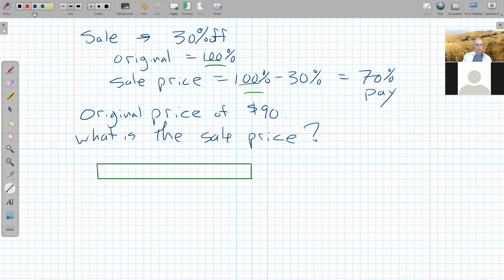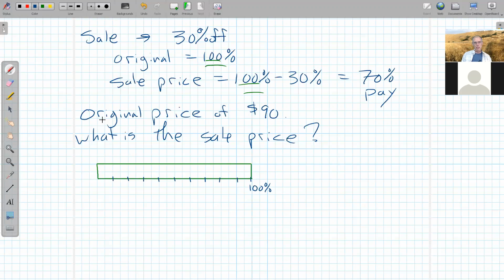If you don't have graph paper, I mentioned this last class, use lined paper and make some kind of ruler if you don't have a ruler either. So 10, 20, 30, 40, 50, 60, 70, 80, 90, 100. Perfect. So this is my 100%.